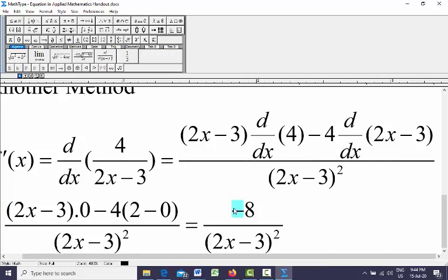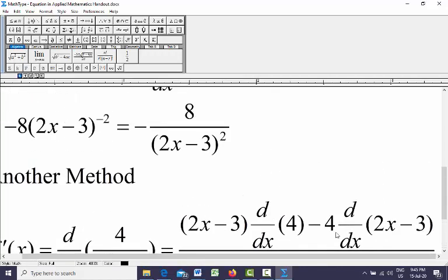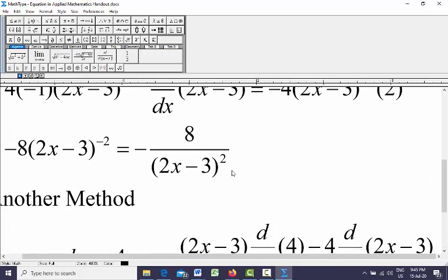If you want to simplify or arrange this better, you can put the minus in front. Okay, so that's the answer. As you can see, the answer is the same. It doesn't matter whatever method you apply.